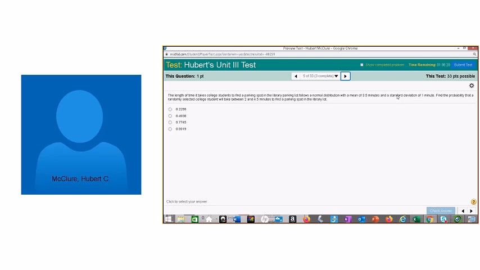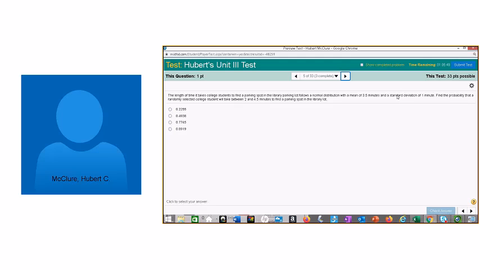So I'm going to go ahead and draw my curve. 0, 1, 2, 3, -1, -2, -3, 0.15, 2.35, 13.5, 34, 34, 13.5, 2.35, and 0.15.